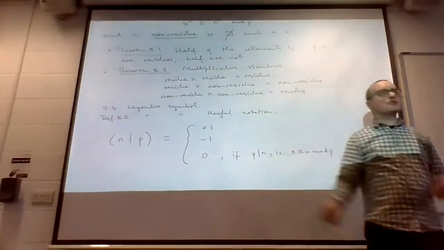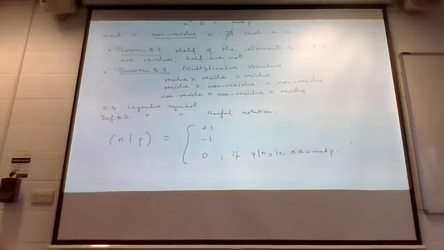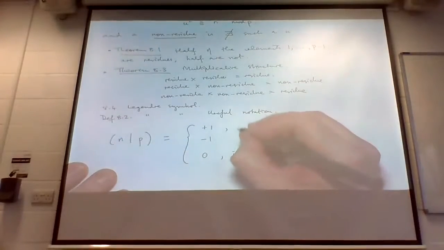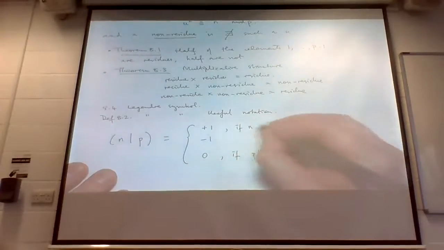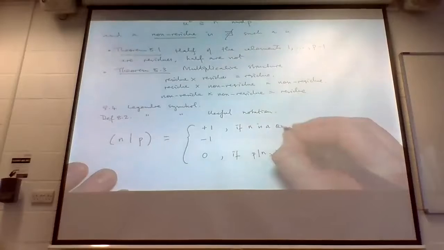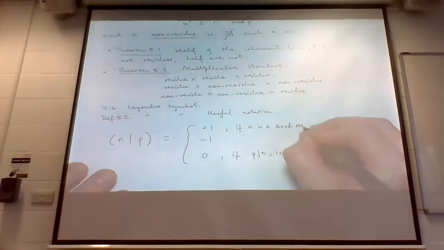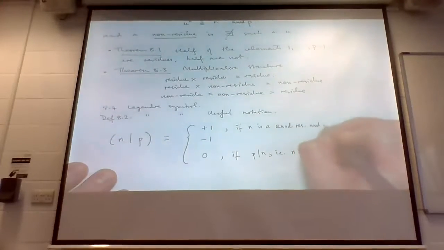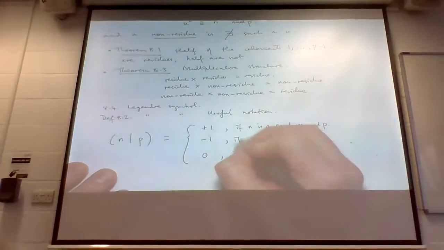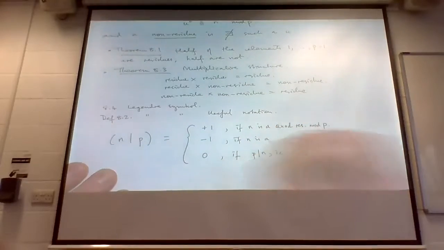With the other values, it takes the value plus 1 if n is a quadratic residue mod p, and minus 1 if n is a quadratic non-residue.